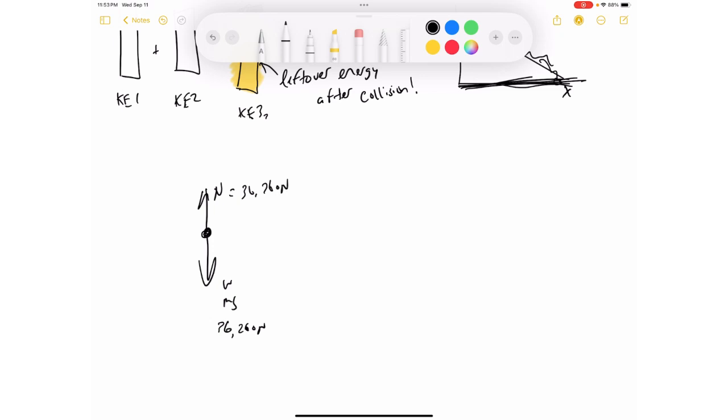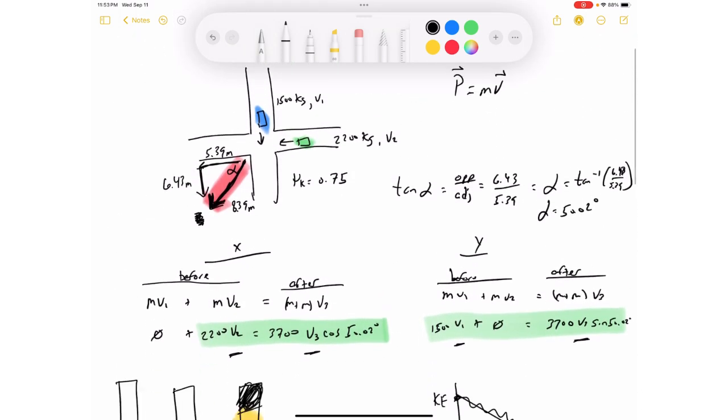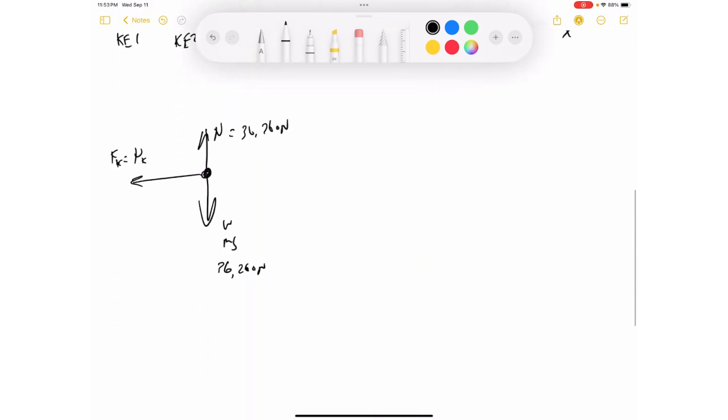newtons. Okay, got that. Now, because we know the normal force, we can figure out the force due to friction, Fk. This is the force due to kinetic friction. That's mu sub k, which we already have, up here at 0.75. Yep, they gave that to us.